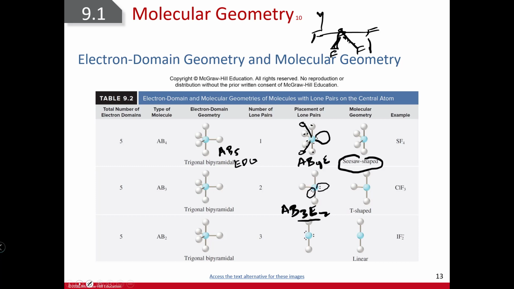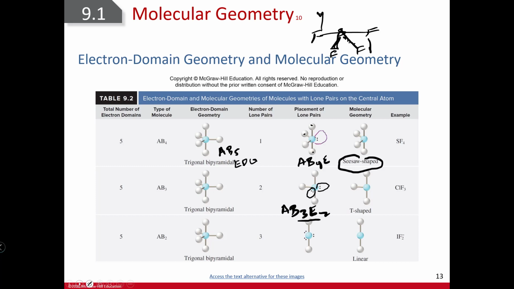Now, let me just say, this is the really important thing about trigonal bipyramidal. In trigonal bipyramidal, the lone pairs always go in the equatorial position, always. So here we had 1 electron pair. Let's erase this back up here. And so this is AB4E. And again, notice the lone pair is in the equatorial position.